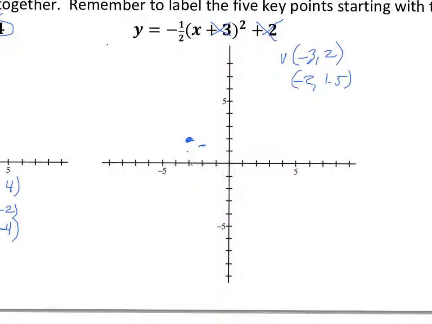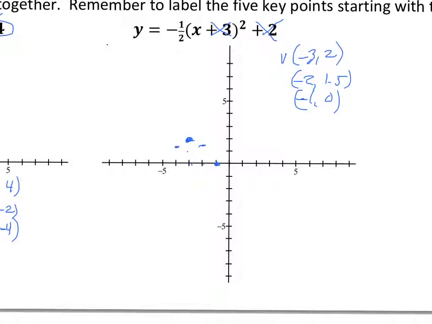So what if I go right 2? I go down 2 squared, which is 4, times 1/2. Half of 4, I go down 2. So there I am right there. That point would be (-1, 0). And now we just use symmetry. Left 1, down 1/2.